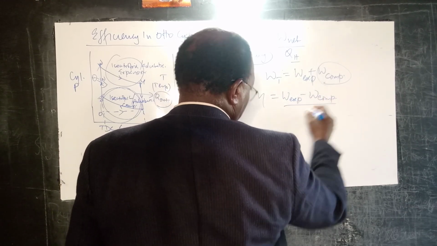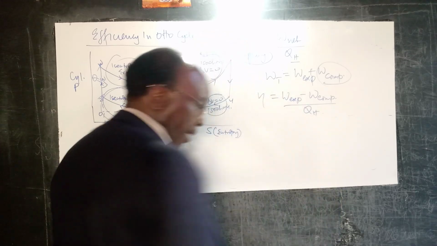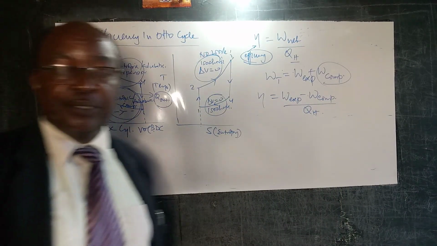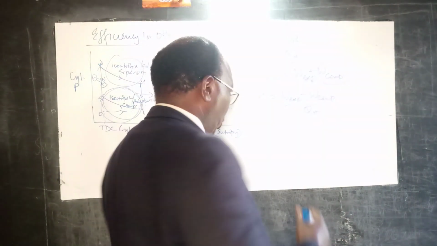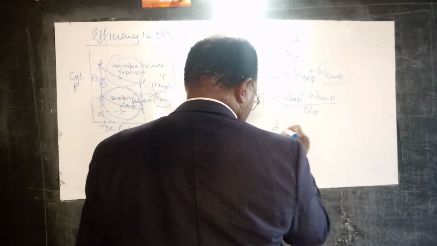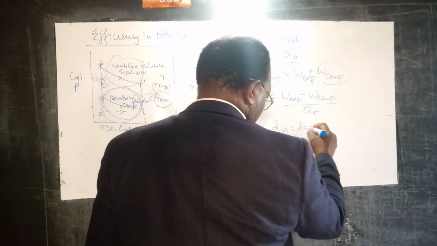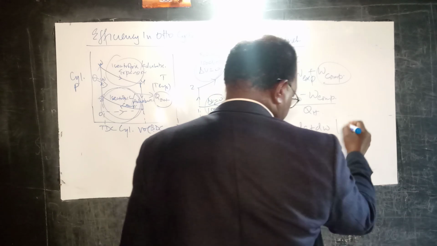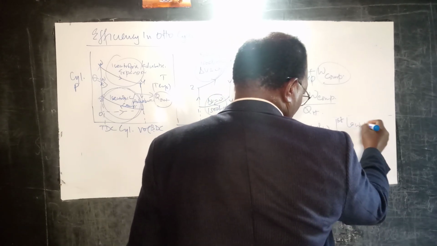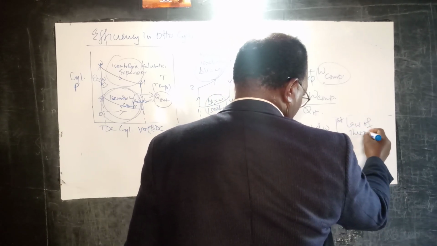So if we put these quantities, we have eta as the net work over QH. But remember that from the first law of thermodynamics, dU is equal to dQ plus dW. This is the first law of thermodynamics for closed systems.